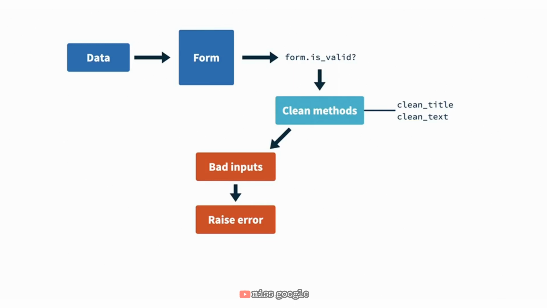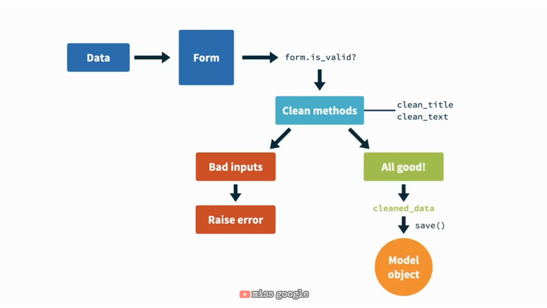If something is wrong, is_valid returns false, and the class-based view will raise an exception. On the other hand, if all checks clear, the data is stored in a variable called cleaned_data, and when you call form.save, that will save the object directly in the database. And that's it. It all happened very smoothly.